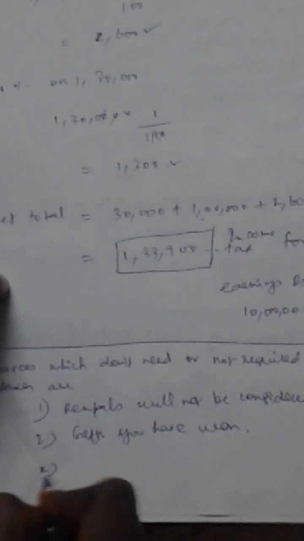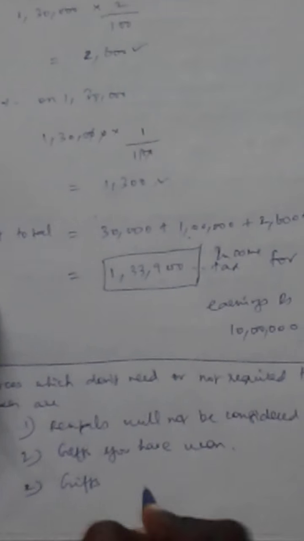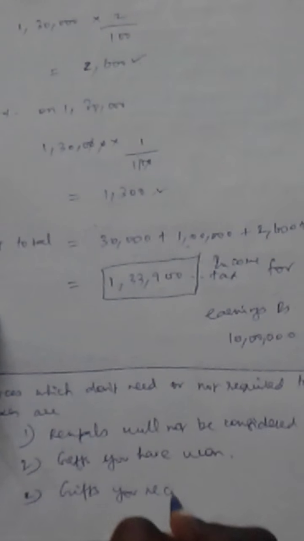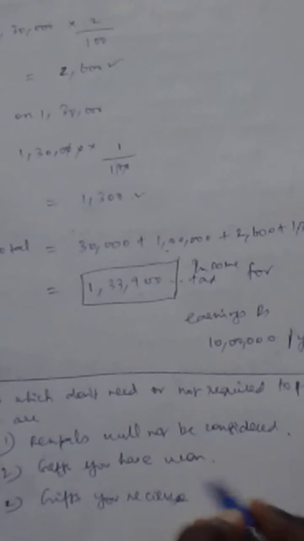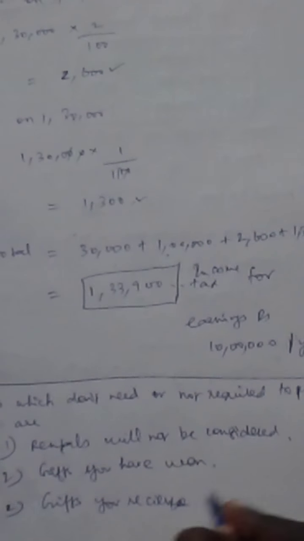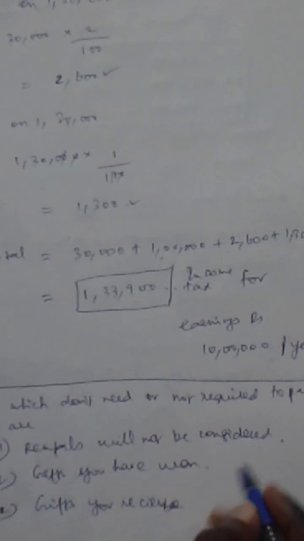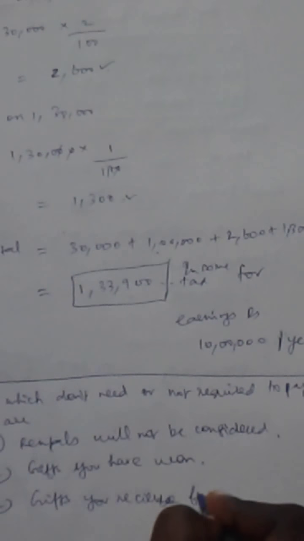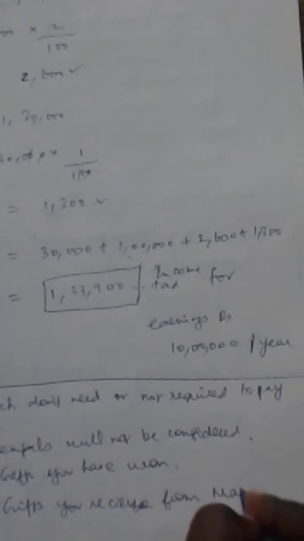And gifts which you receive from your wedding, basically when you get married, you get a lot of gifts, so that is not taxed, from marriage.